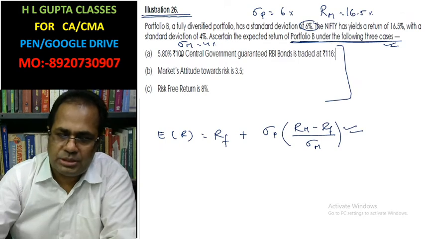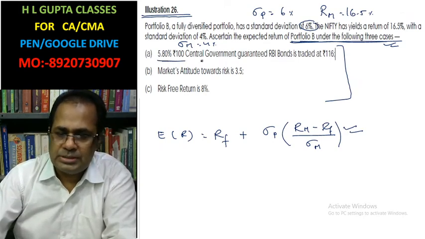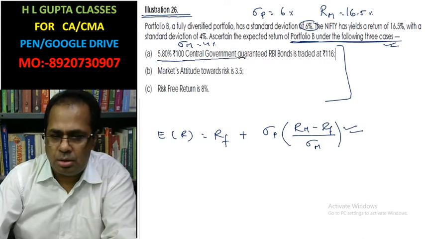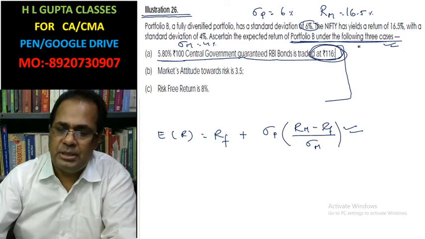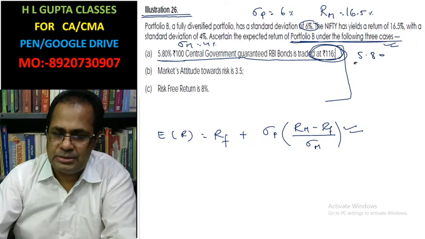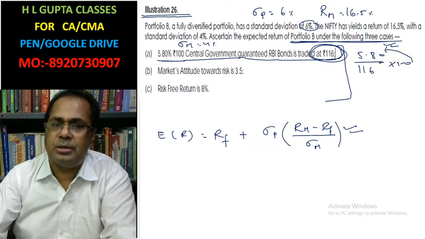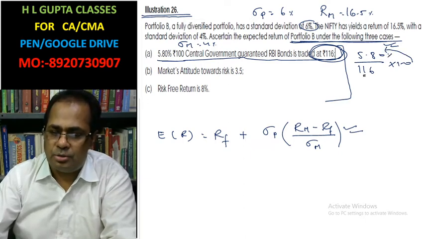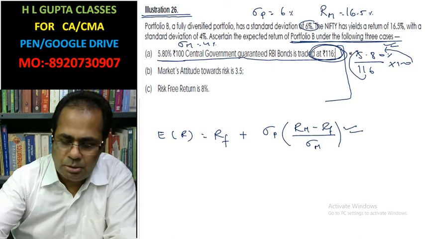Please try to understand what is written here. A 5.80 rupees, 100 rupee central government granted RBI bond is now quoted at rupees 116. This is very easy. 5.80 is the coupon, 116 is the price, 100 is the face value. If on a 100 investment the return is 5.80%, then on a 116 investment what should be the return, that you have to calculate.